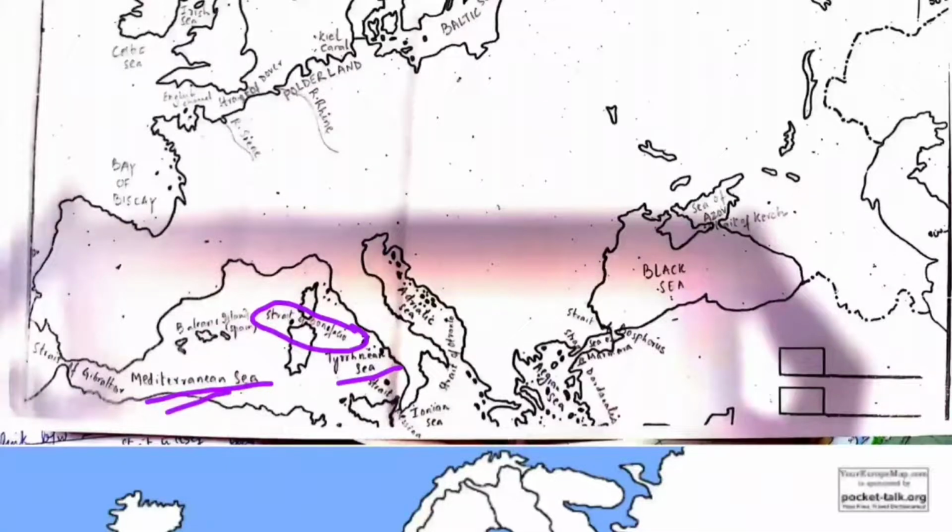And it also is separating two land masses. So what are these land masses? The upper one is known as Corsica and the lower one is known as Sardinia.